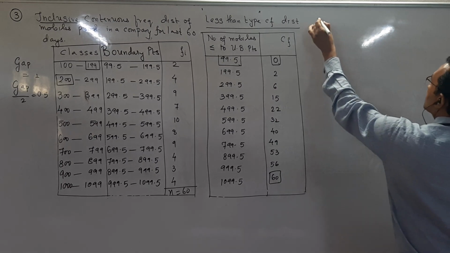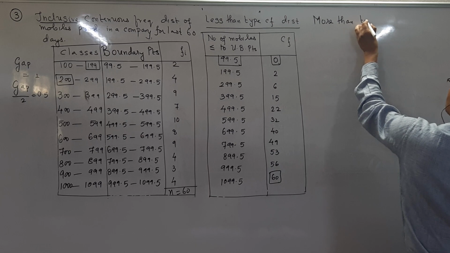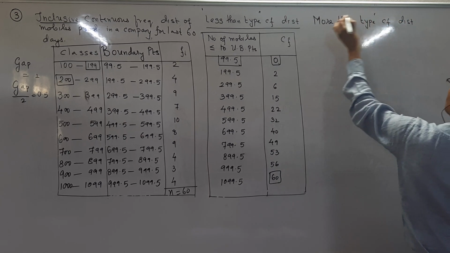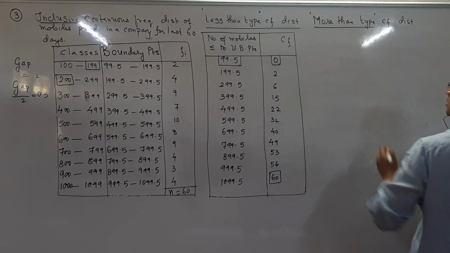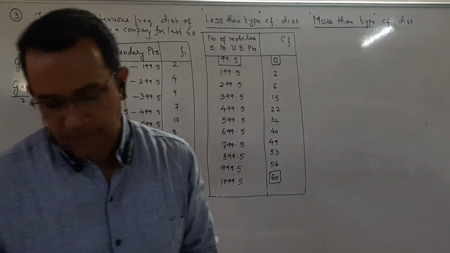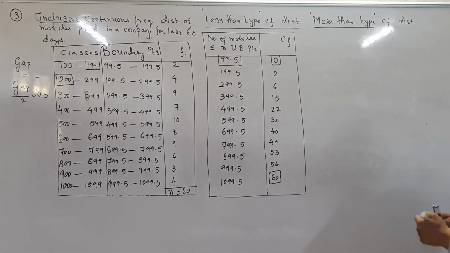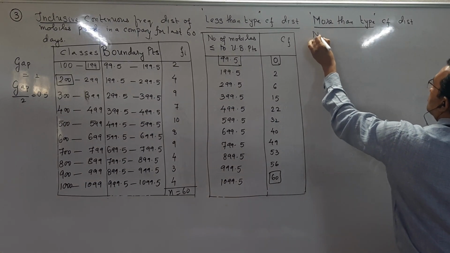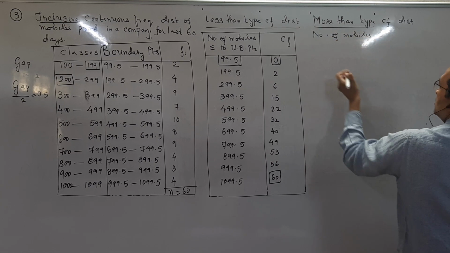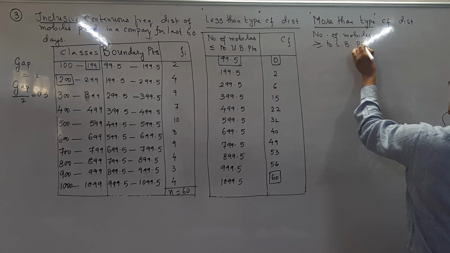Now, more than type cumulative frequency distribution. Here, what we write, number of mobile phones more than or equal to which boundary points we are using? Lower boundary points. So, number of mobiles greater than or equal to lower boundary points.